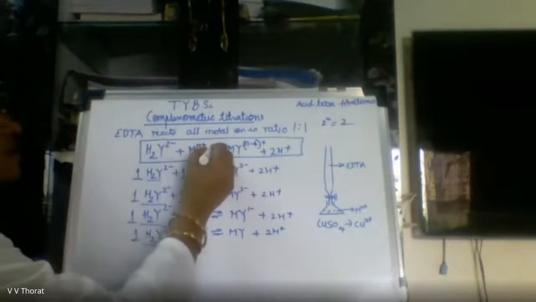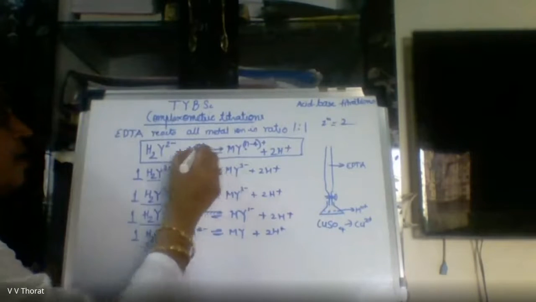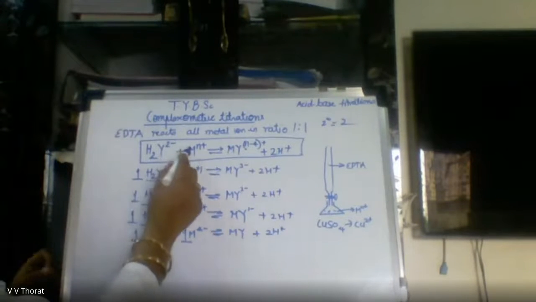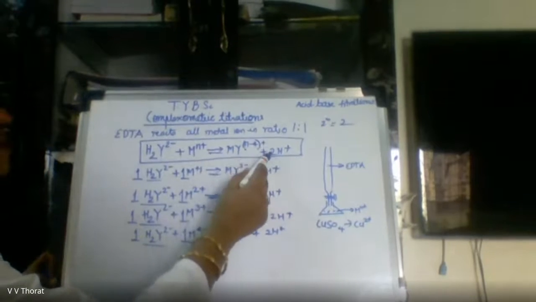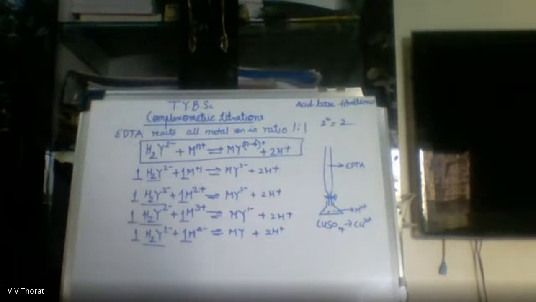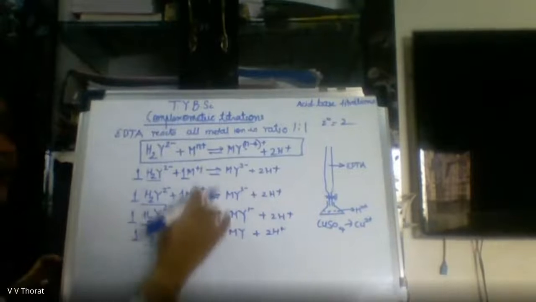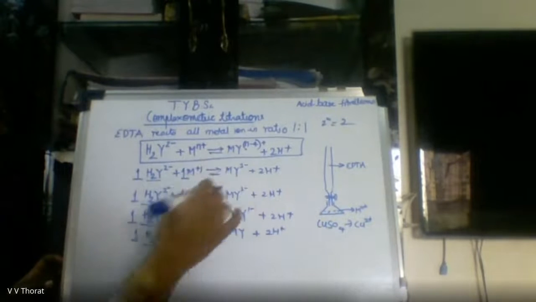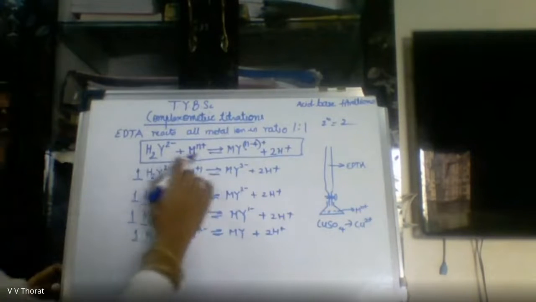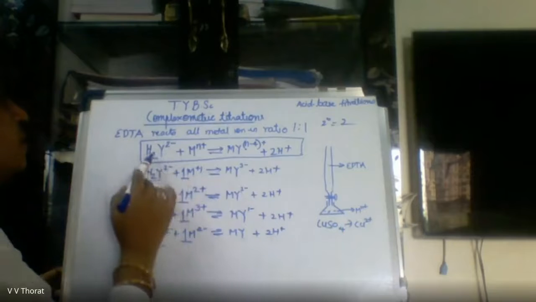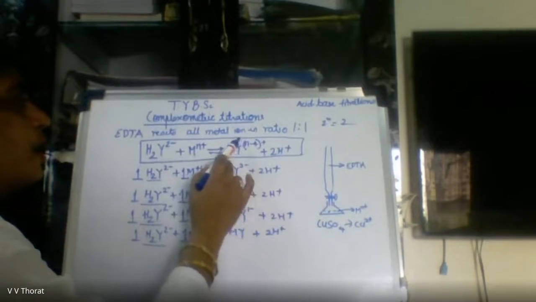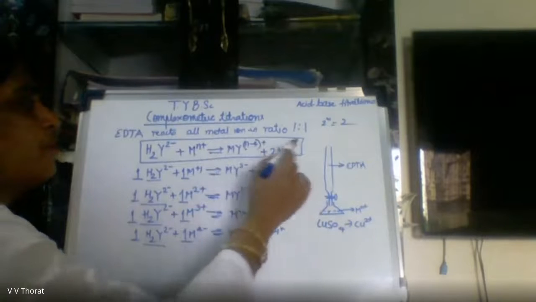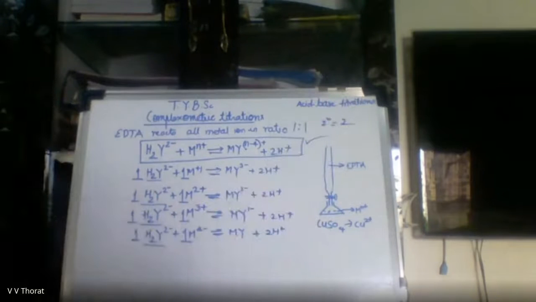This is reversible, it maintains equilibrium. So H2Y2 minus plus M n plus, giving out MY n minus 4 plus 2H plus. It should attain equilibrium. In some places in the textbook they have given a single headed arrow. You always write it double headed. Sodium salt of EDTA reacts with metal ion to form MY n minus 4 plus 2H plus. If you know the reaction, you can write any reaction.